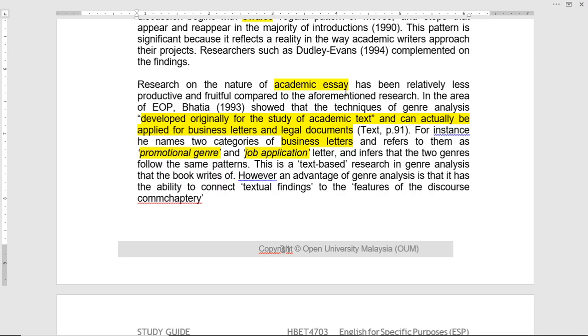techniques of genre analysis developed originally for the study of academic text. But that is also essential for business letters. For example, business letters, promotional genre, and the job application letter, and it infers that the two genres follow the same patterns.